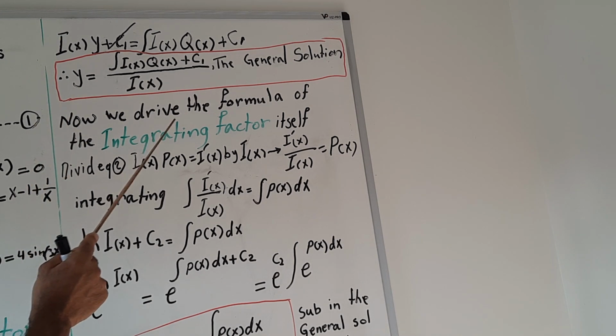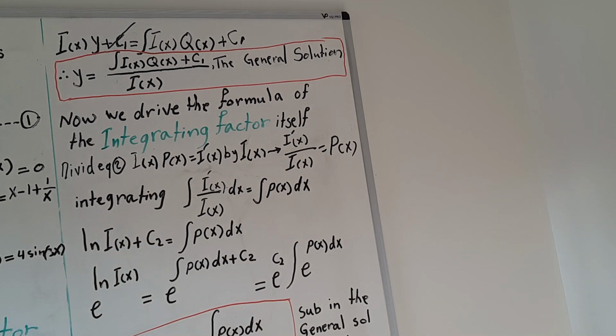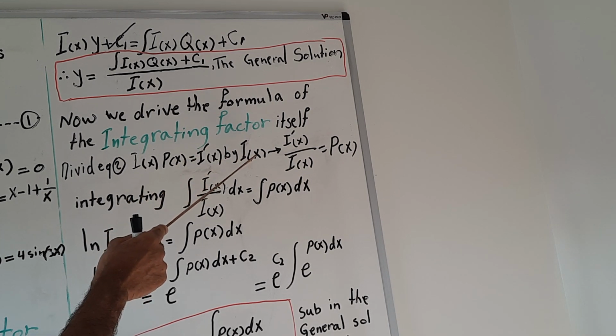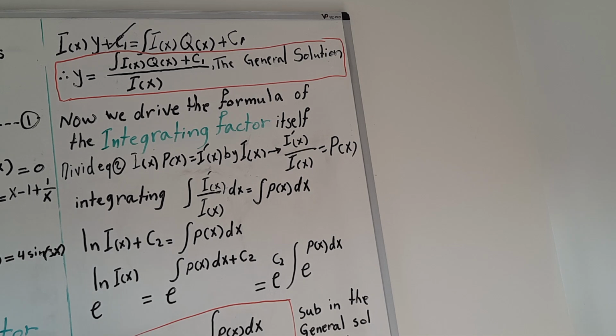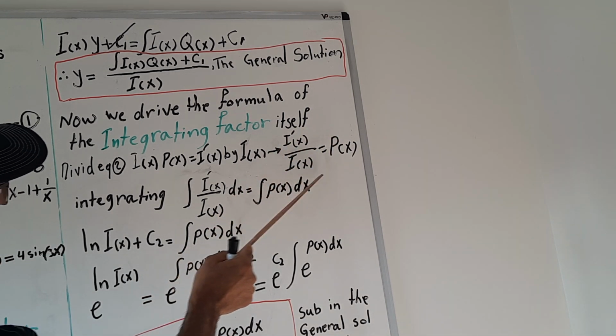Now we derive the formula for the integrating factor itself. We divide equation 2, which is I of x times p of x equals I prime of x, by I of x. So we get this equation.